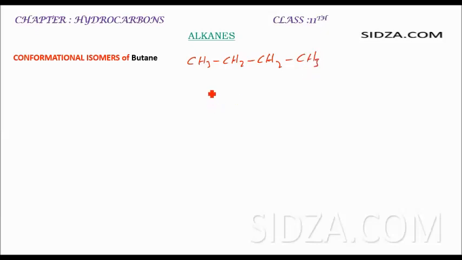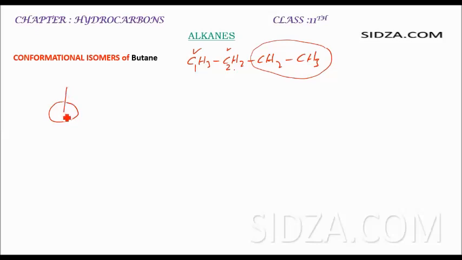If I try to draw the energy of the conformational isomers around C1 and C2, between the C1 carbon and the C2 carbon, you only get two conformational isomers. Like in propane, this one will be considered as one group, around C1 and C2 in normal butane as well.